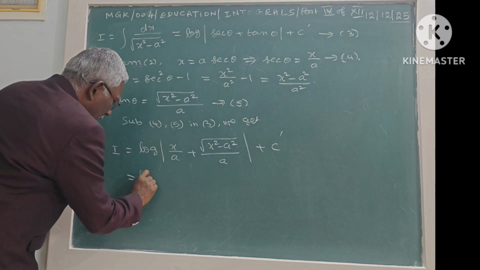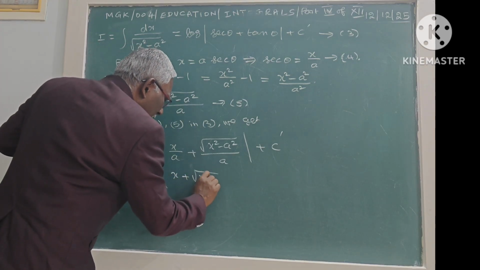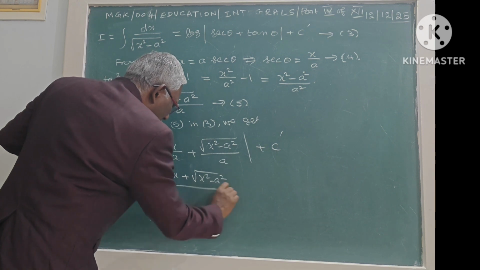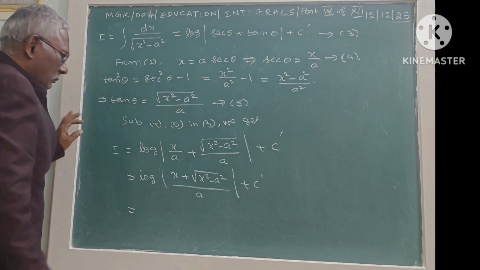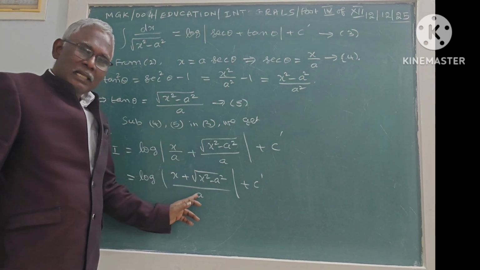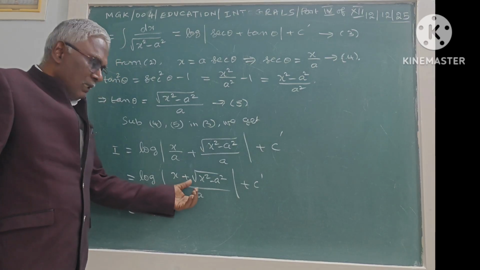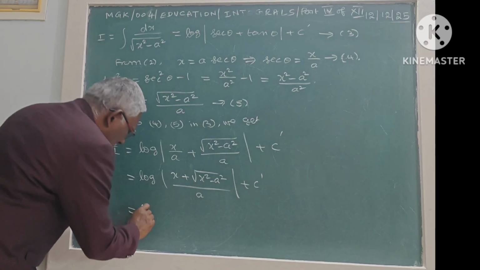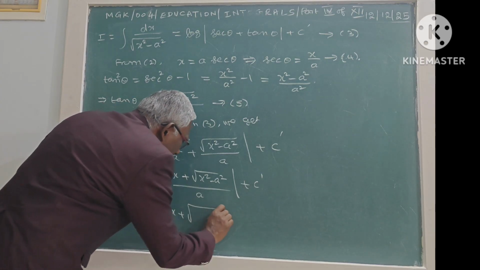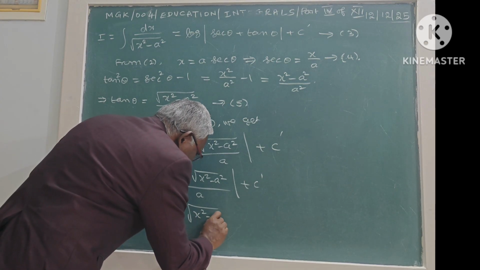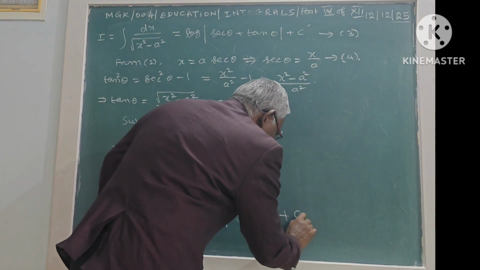So this is nothing but log of x plus square root of x square minus a square by a plus c dash. This is in the form of log m by n, so we can write as log m minus log n. So it is nothing but log of x plus square root of x square minus a square minus log a plus c dash.